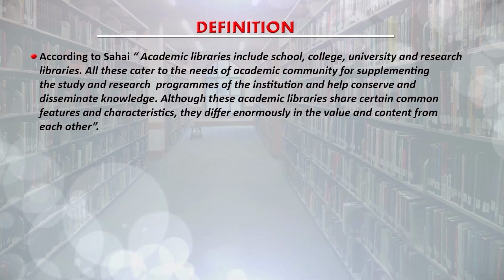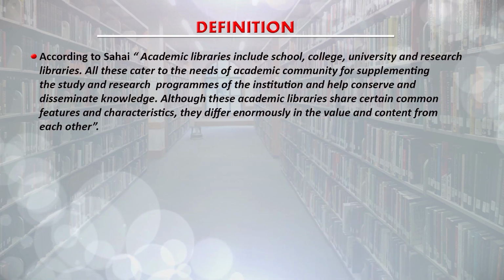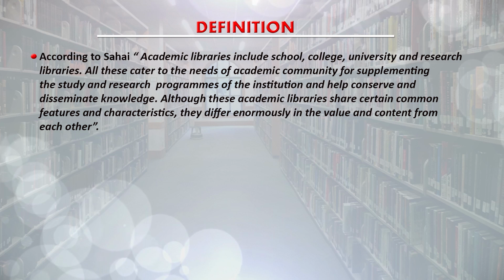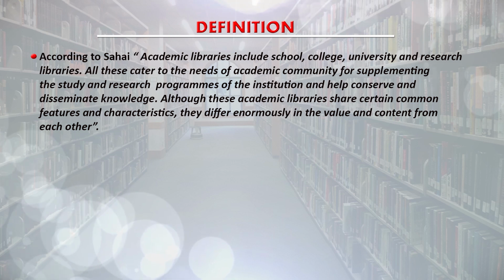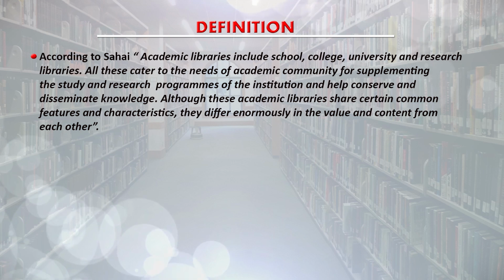They are considered the heart of the academic institution, but access to these academic libraries is restricted. They are just meant for the users who are part of that academic system or institution. Coming to a definition given by Sahe, academic libraries include college, school, university and research libraries.